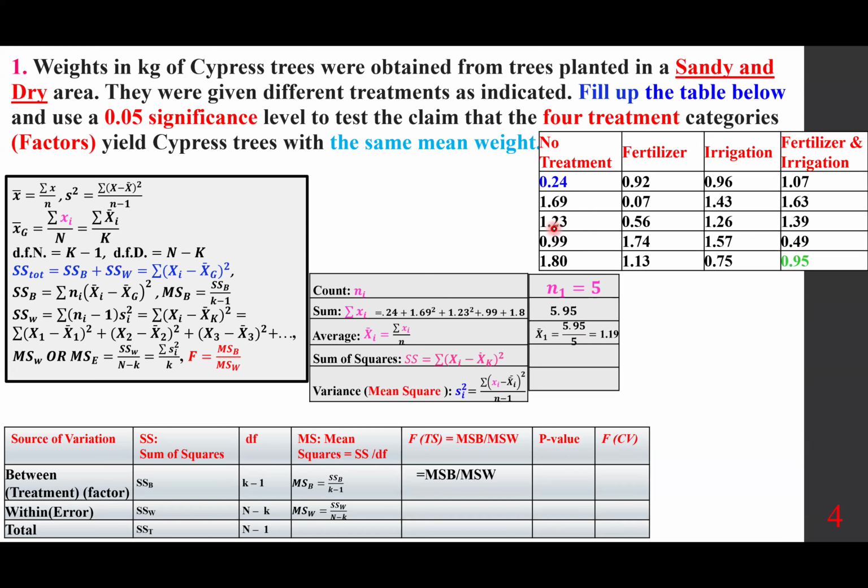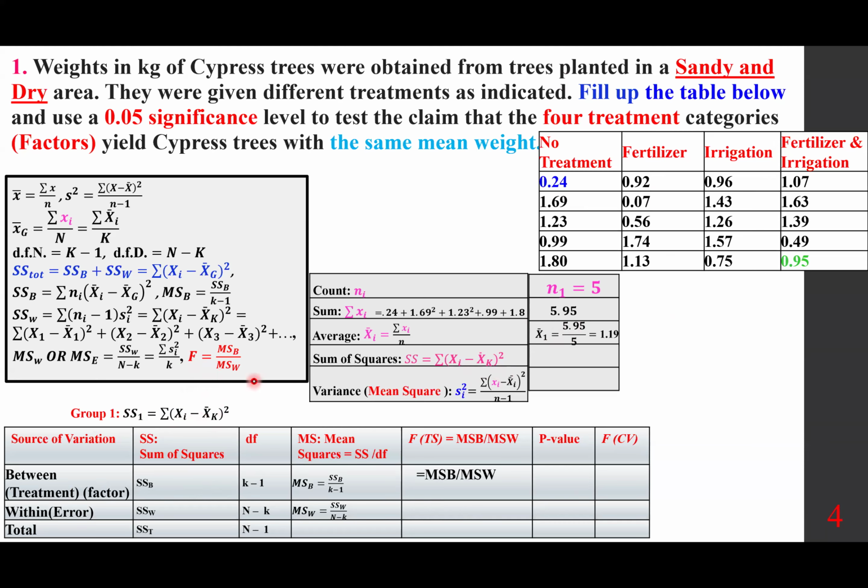Now, the sum of squares, SS, is the summation of x sub i minus x bar sub k, quantity squared. For the first group, this k is 1, of course. So for group 1, we're going to call it SS sub 1. For the second group, SS sub 2, and so on and so forth. So how do you calculate SS sub 1? X sub i minus x bar sub k, for the first group.